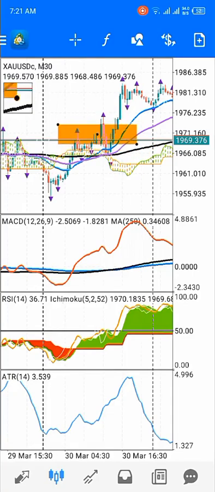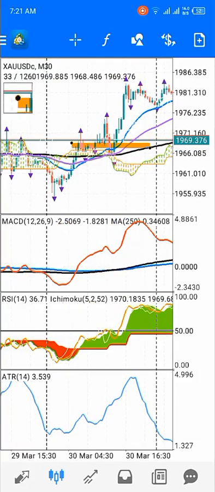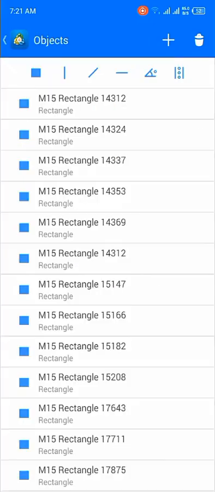For instance, you place your buy order around this point. You have to place your buy order around that point.